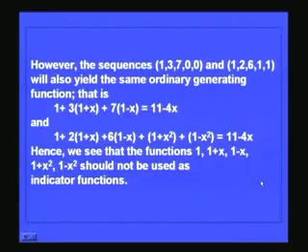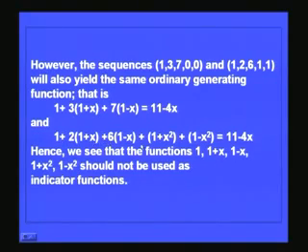Suppose you take the sequence as 1, 2, 6, 1, 1. Let us see what is the ordinary generating function for the same set of indicator functions. We have 1 into 1, 2 into 1 plus x, 6 into 1 minus x, 1 into 1 plus x squared, 1 into 1 minus x squared. If you simplify this, you realize that you get 1 plus 2 plus 6 plus 1 plus 1, which will give you 11.